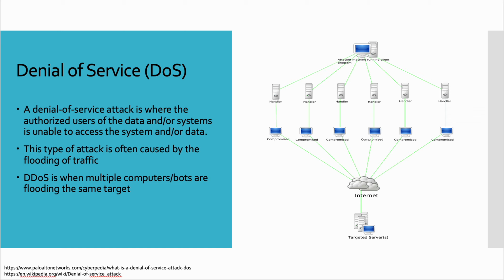And the reason it's called distributed is, as you can see here, you have the hacker machine that then would have what's called bots, which when you have multiple of them forms the botnet. As you can see in the second row, that would be the whole botnet.